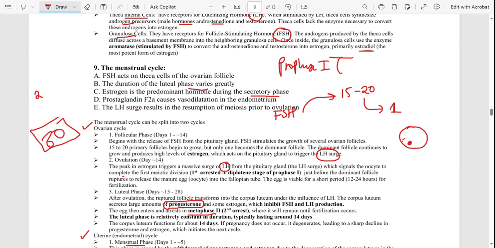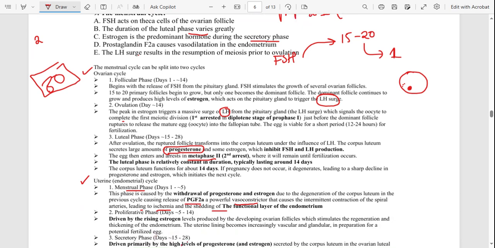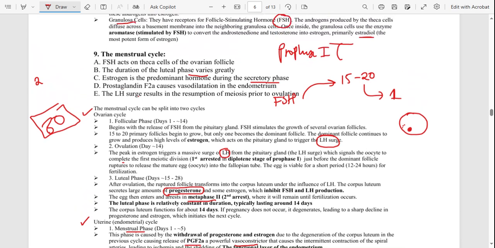Estrogen is predominant in the follicular phase of the ovarian cycle, or the proliferative phase. In the secretory phase, what is high is progesterone. And prostaglandin F2 alpha causes vasodilatation? That's false because it causes constriction.